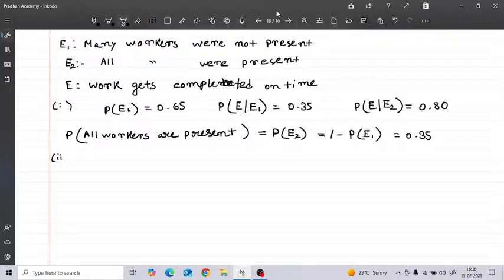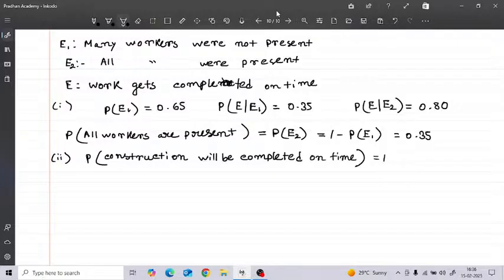Question number 2, find the probability that construction will be completed on time. It means we have to find the probability of E. Construction will be completed on time.